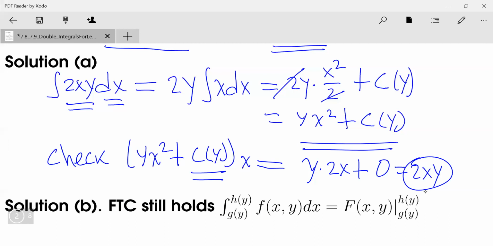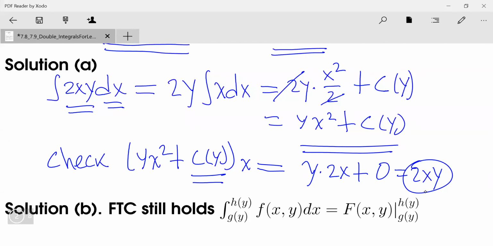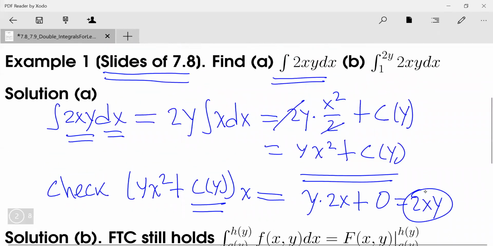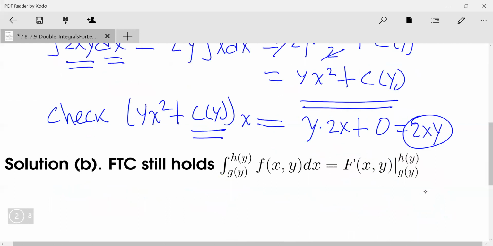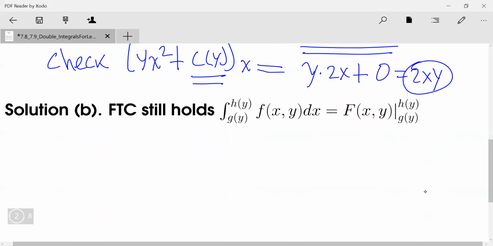The second part, we need to integrate this same function with respect to x, but from x equal to 1 to x equal to 2y. So that's worked here: integral from 1 to 2y of 2xy dx.